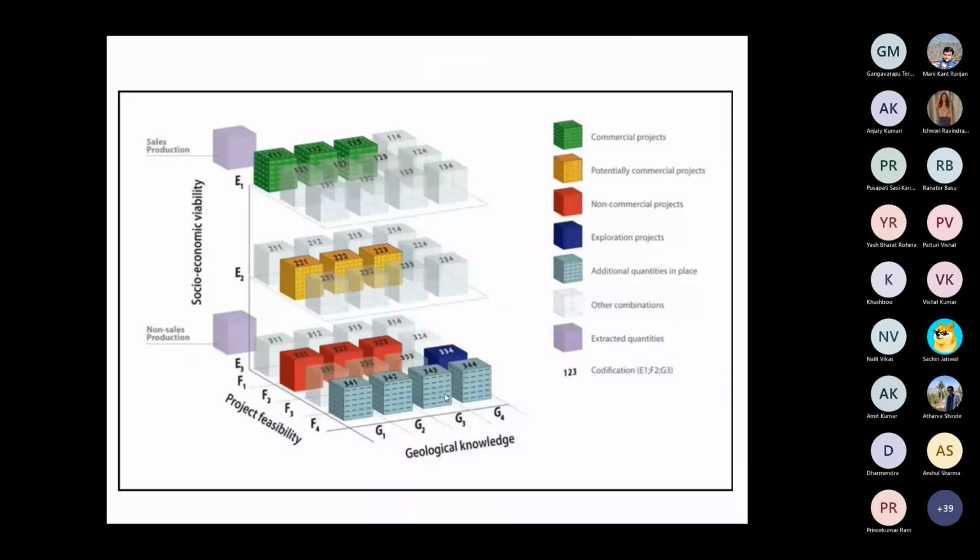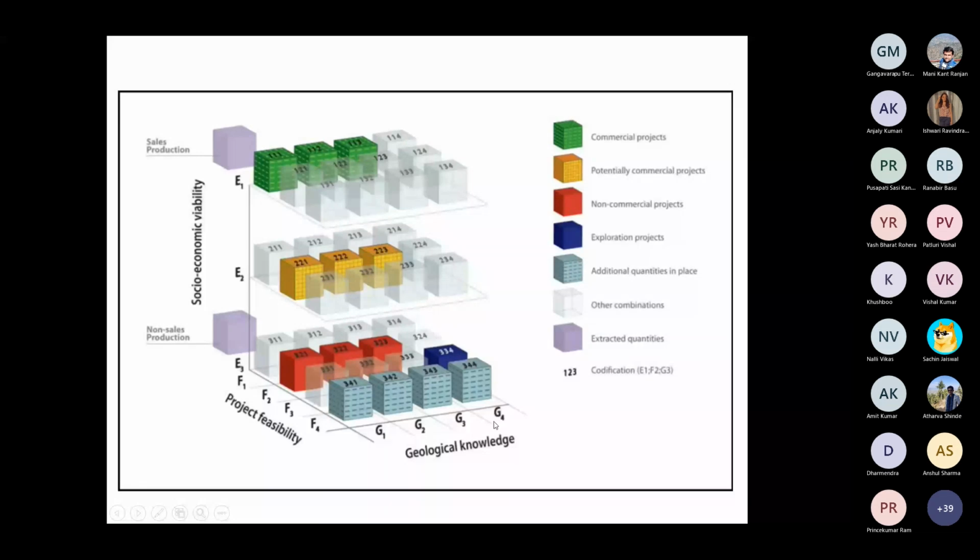Graphically. This is the economic axis. This is the project feasibility. And this is the geologic axis. 1 means the highest, 4 is the worst.